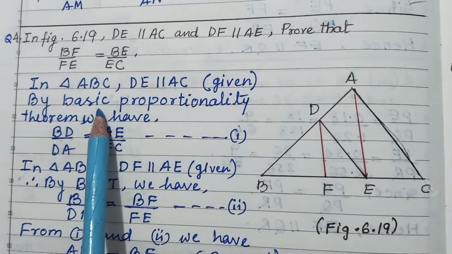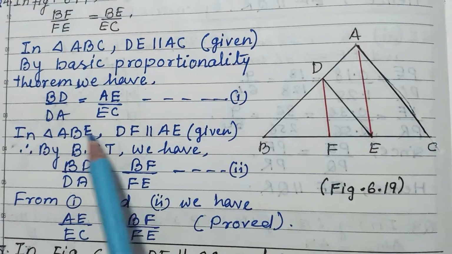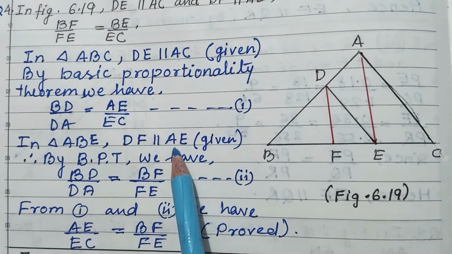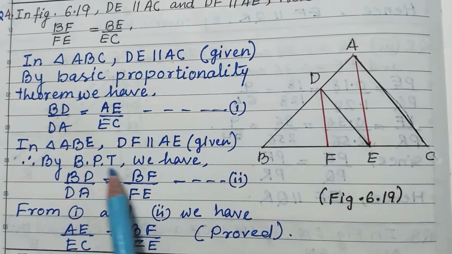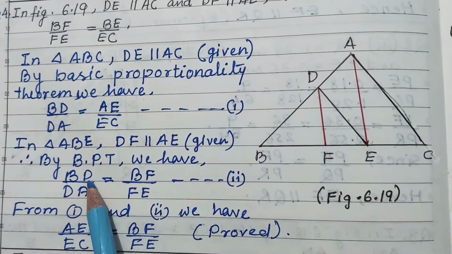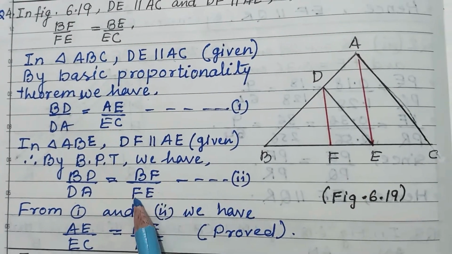Now in triangle ABC, DF is parallel to AE. See there. By BPT we can write BD upon DA is equal to BF upon FE.